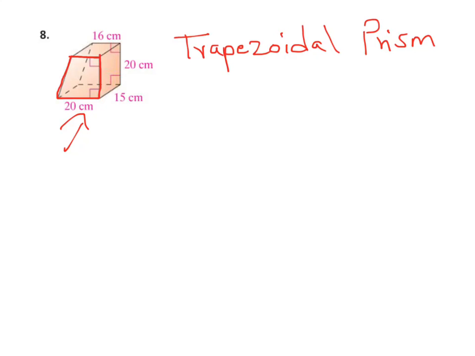So let us find out the area of a trapezoid first, because the capital B stands for the area of the base, and the base is a trapezoid. So what is the formula to find the area of a trapezoid? It is half H times B1 plus B2.